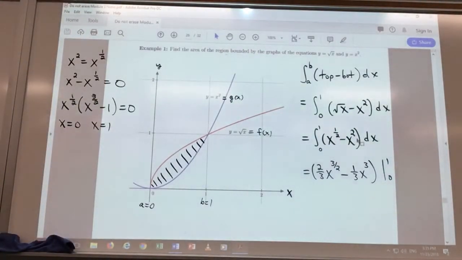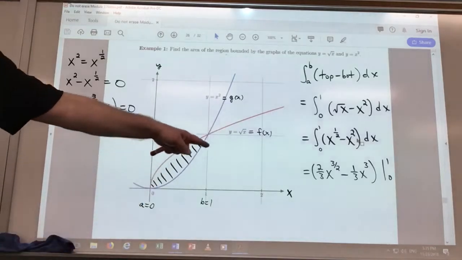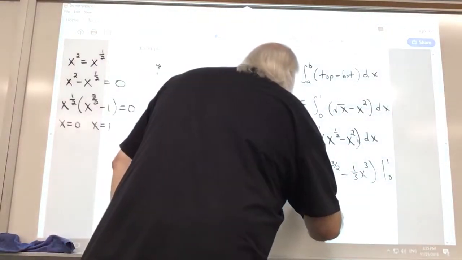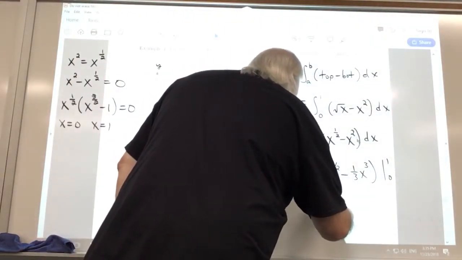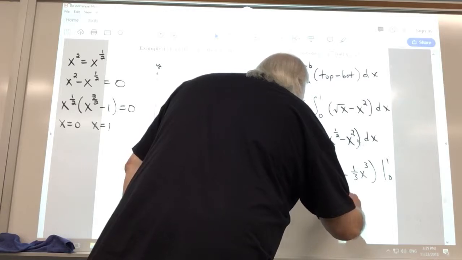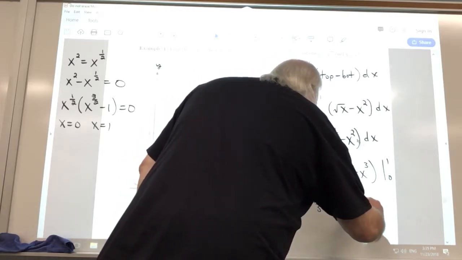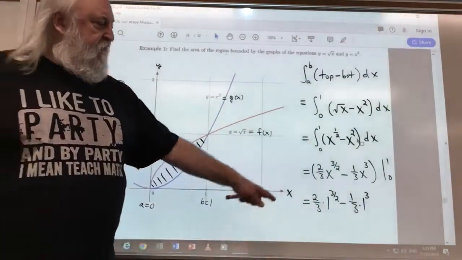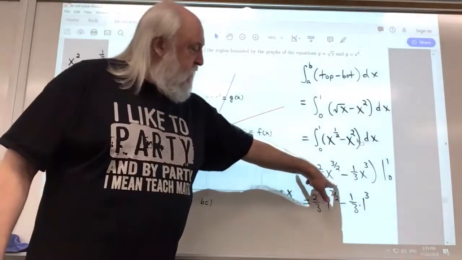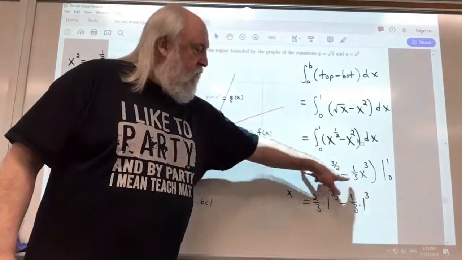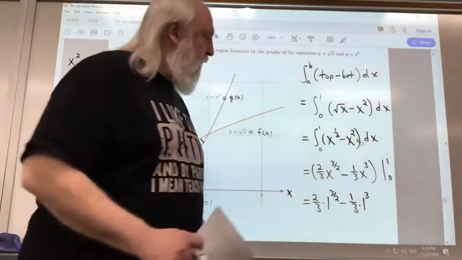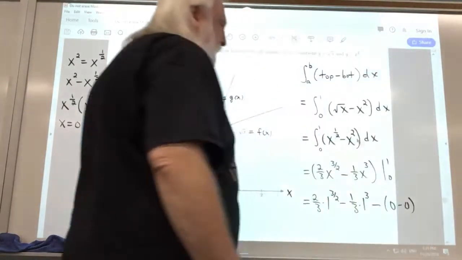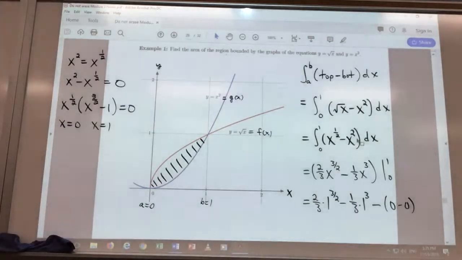Now you plug in the upper limit of integration. You plug in 1 for x, and we have 2/3 times 1 to the 3/2 minus 1/3 times 1 cubed. Then you subtract what you get when you put in 0 for x. Each of these terms is going to equal 0 when you put in 0 for x, so we have minus 0 minus 0 in parentheses, which doesn't add anything.